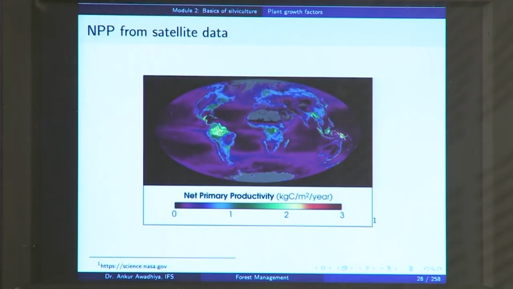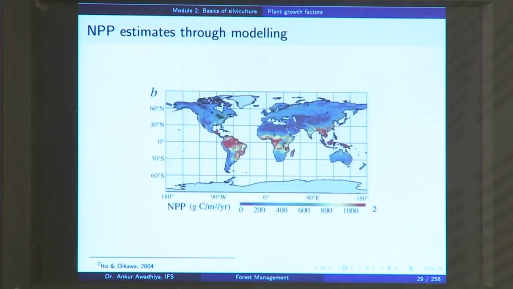You can also figure out the net primary productivity using computer modeling. For every region, we know the latitude, we know the inclination of the earth, and with that we can figure out how much light is reaching that area, how much of the photosynthetically active radiation is reaching that area.